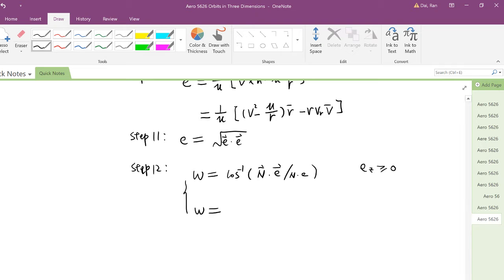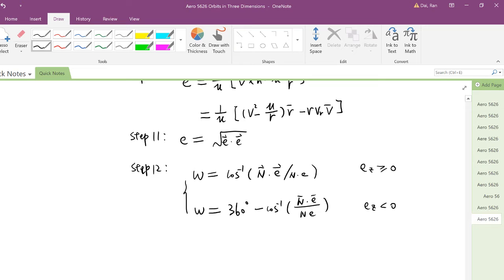And if EZ, so EZ here means the third element in the E vector, is less than 0, omega is equivalent to 360 minus the inverse of cosine n vector dot E vector divided by the nE magnitude.